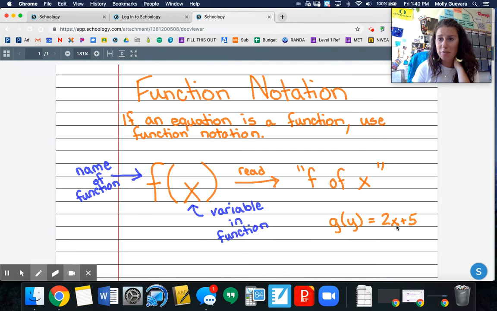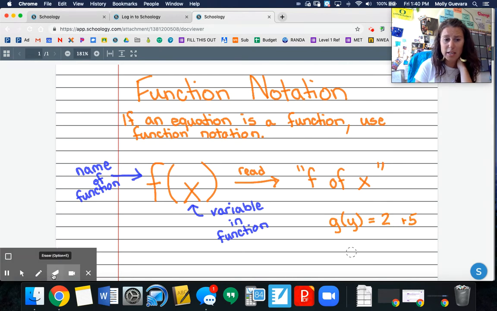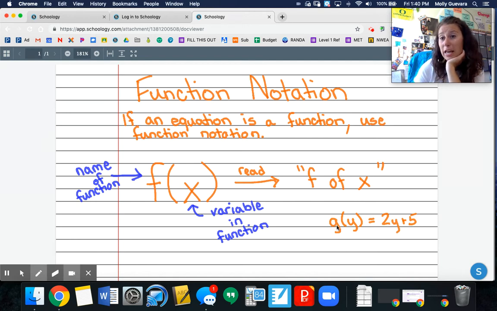But over here, the variable is an x. So that doesn't make sense. So this variable right here would have to be a y in order for that to make sense. And all this just says is that the name of it is g and the variable is y. And you can use this in place of y equals, okay?